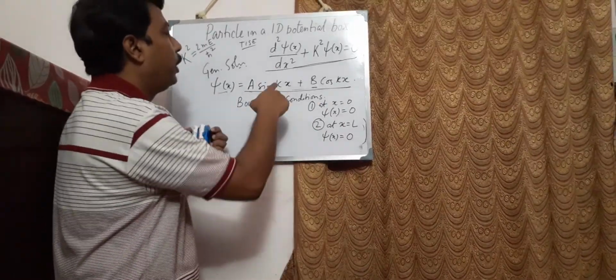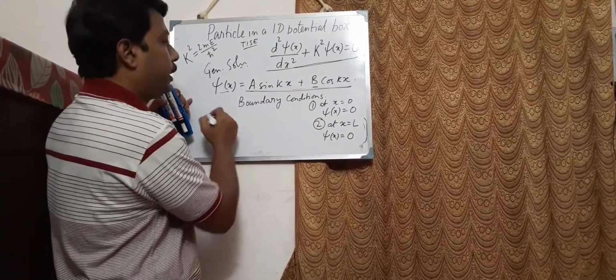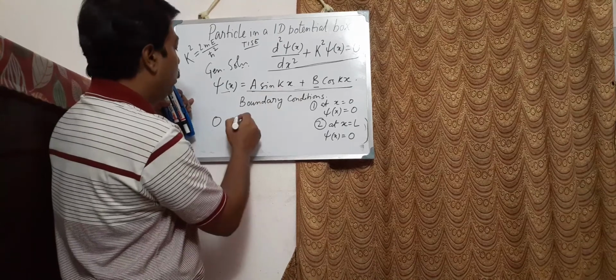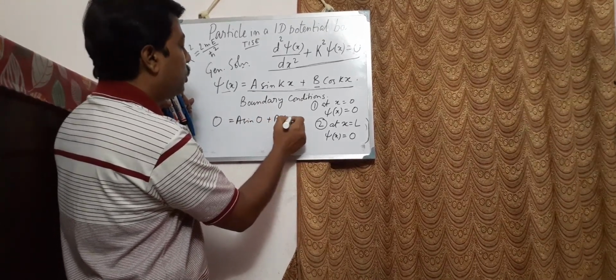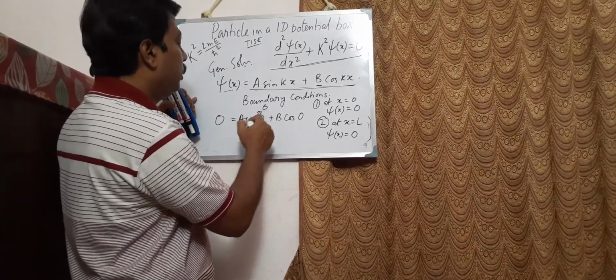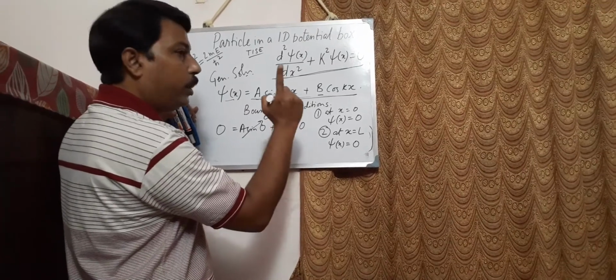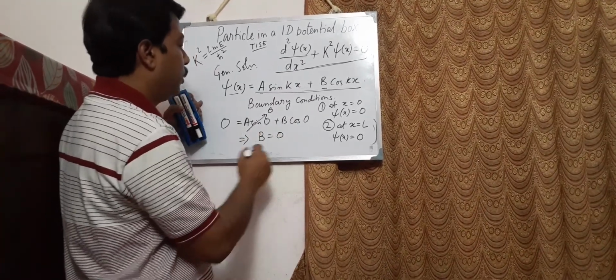So from the first boundary condition, if you apply here, psi x is 0 and x is 0, so a sin 0 plus b cos 0. Now you see, sin 0 is in any case 0, so this goes, and cos 0 is 1. So from here I get b is equal to 0.